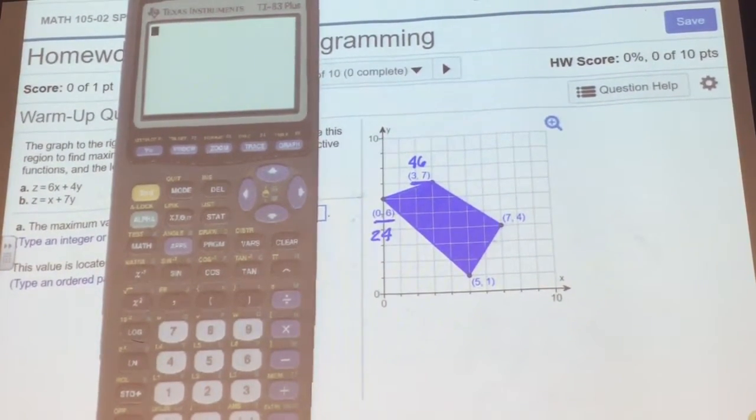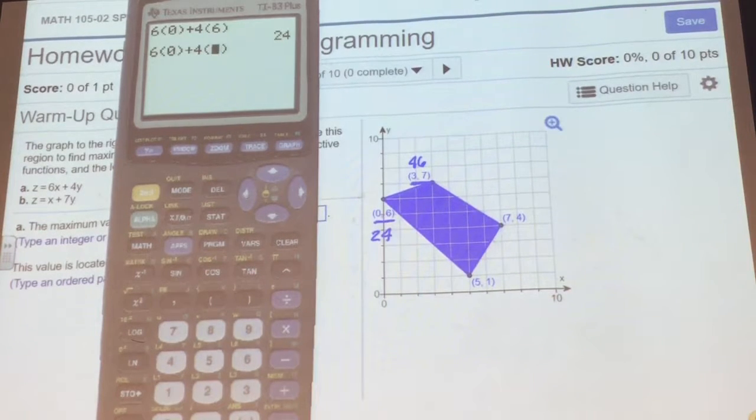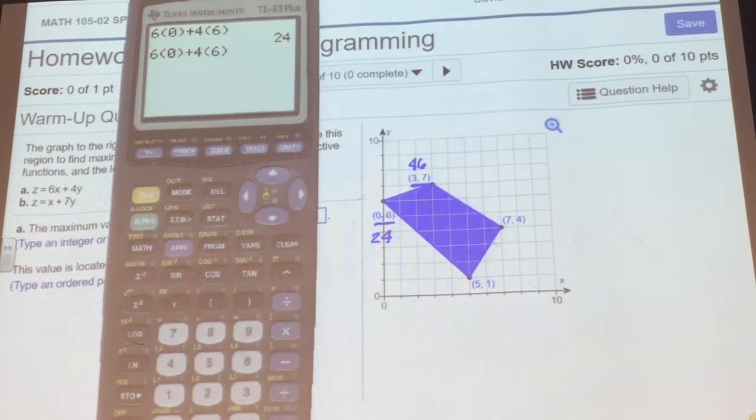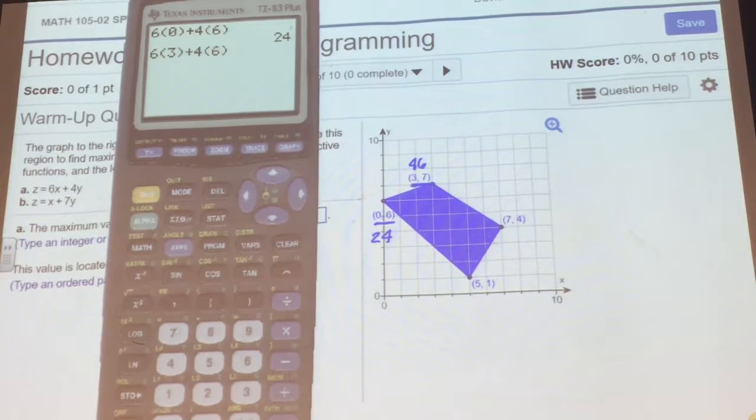I'm looking at 6 times 0, and I'm looking at 4 times 6. I'm looking at 6 times 3 and 4 times 7.